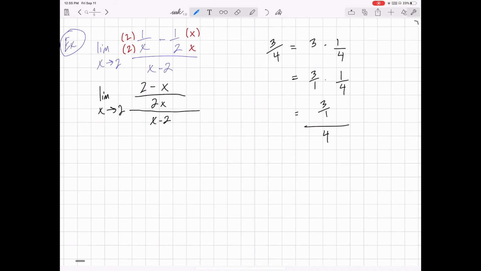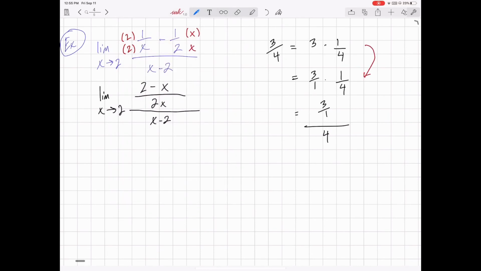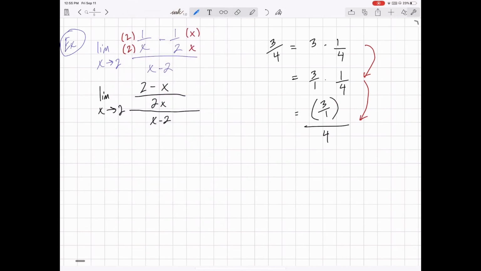So another way to write 3/4, if you just follow this logical pattern down, you could write it from 3/4 to 3 over 1 times 4. If I put parentheses around this, I'm doing this all for a purpose here, it seems long-winded, I could really factor the fraction 3 over 1 out front of the 3/4.